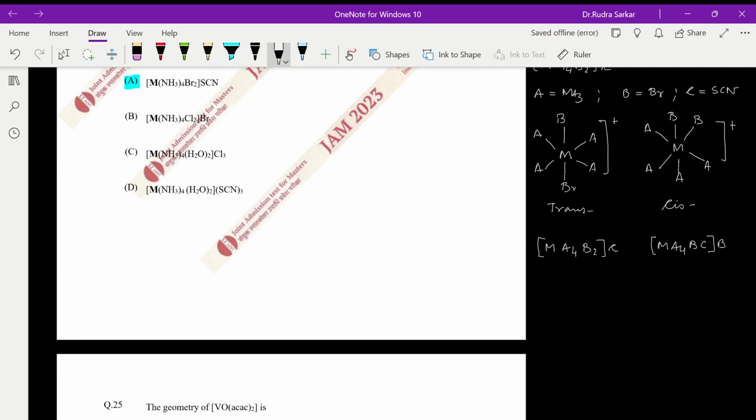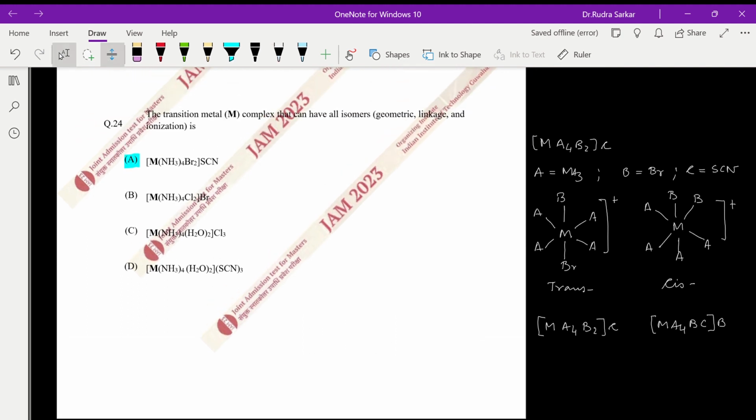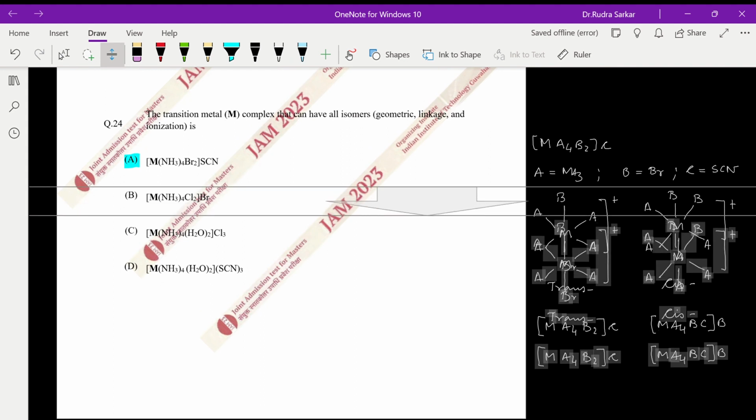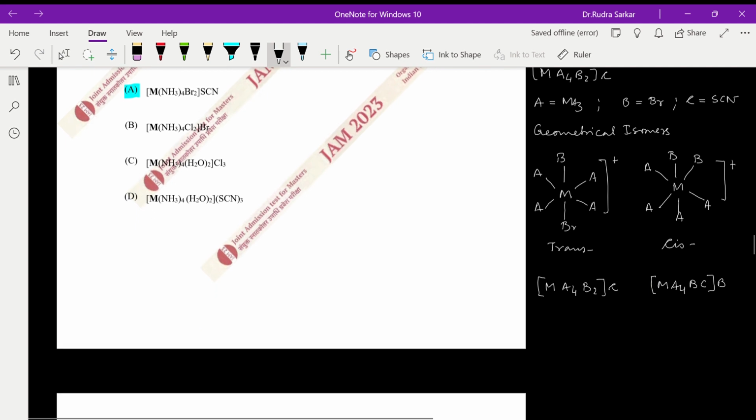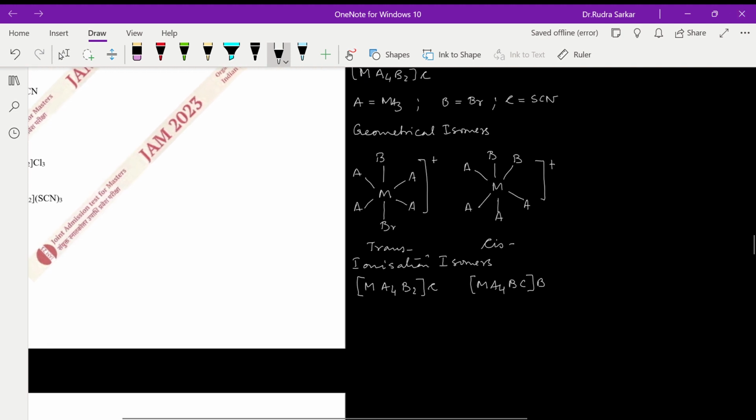Okay, so these are the geometrical isomers, and these are the ionization isomers.